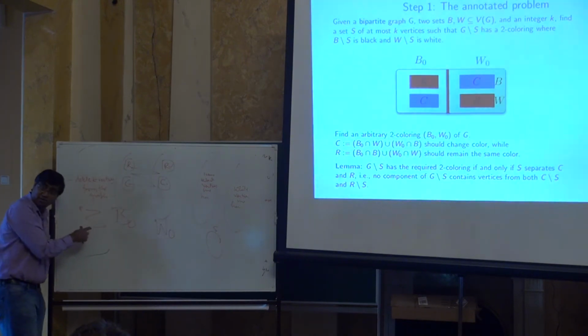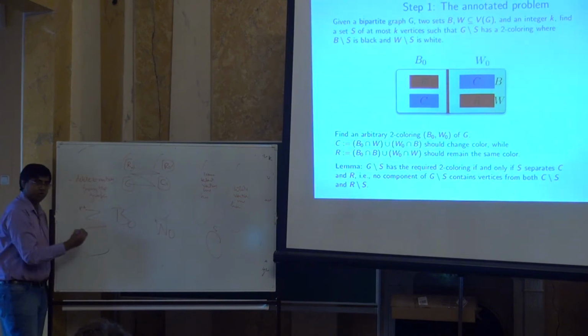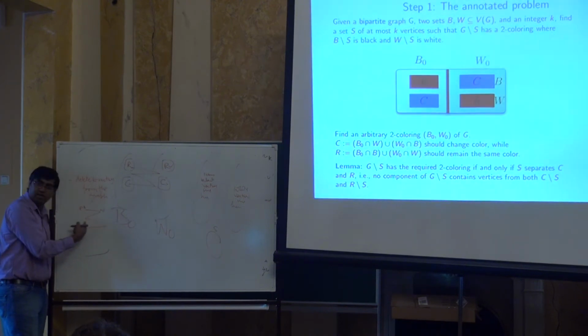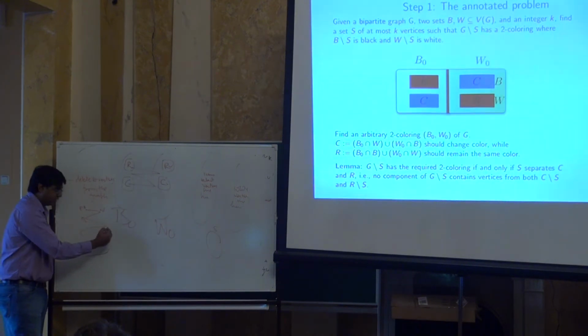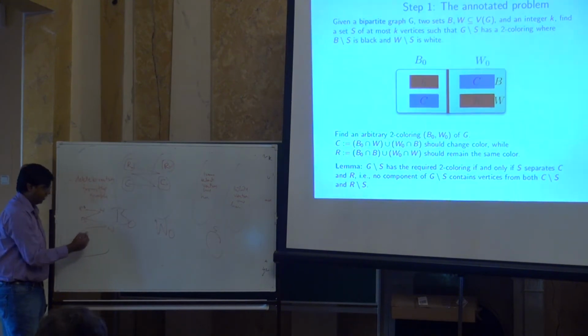Right? So if this path remains, and suppose this guy has been colored black, what will the next be colored? White. Then its neighbor is black, then white, then black. But then these two guys are in conflict, right?